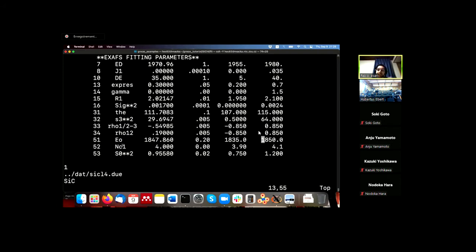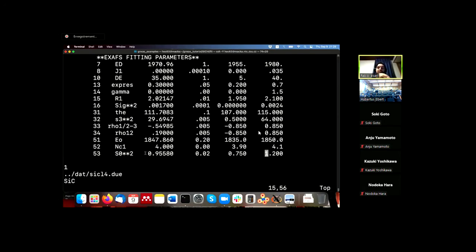Then the next important parameter is the S0 square. S0 square is the many body reduction factor. This comes from the fact that when we calculate the theoretical signal, we use a one electron approximation, so only one electron gets excited.